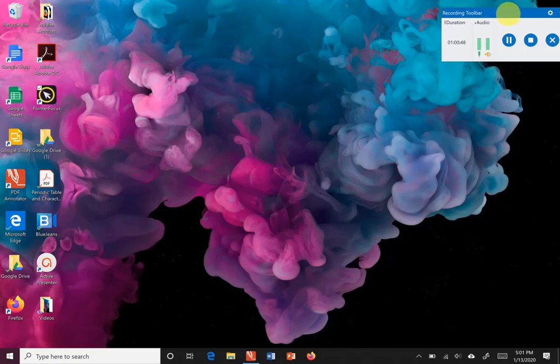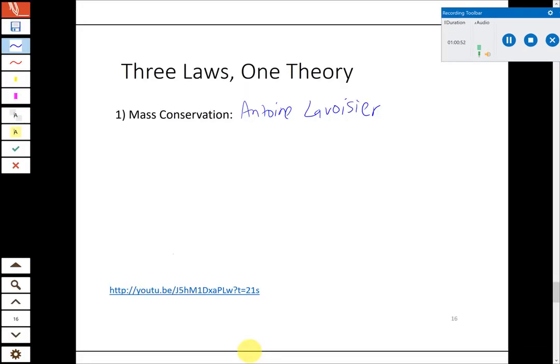They don't change the total mass at all, okay? So matter is neither created nor destroyed. There are two different ways of stating this law of mass conservation.